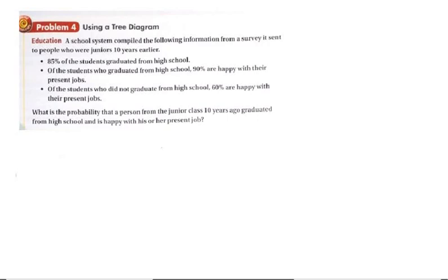Of the students who graduated from high school, 90% are happy with their present jobs. Of the students who did not graduate from high school, 60% are happy with their present jobs. What is the probability that a person from junior class 10 years ago graduated from high school and is happy with his or her present job?